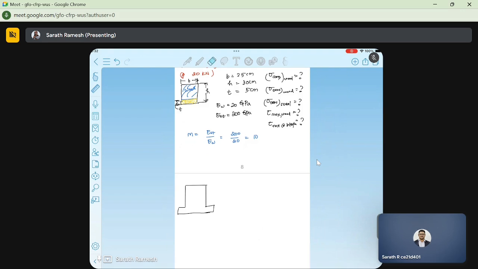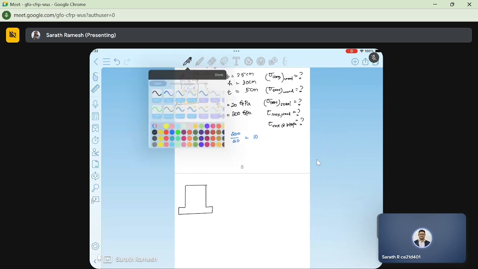Let me draw it a little neatly. Okay, so this is the converted section.